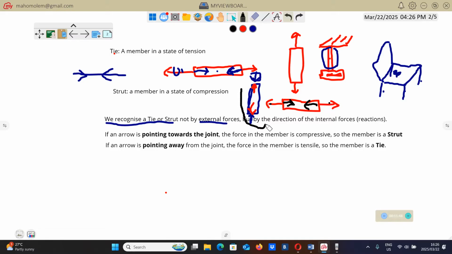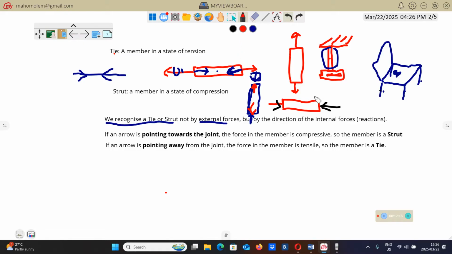So on this one, the external forces must go in, not pull. They must compress, so they must act like this. So this is the strut that we're talking about, a member under compression, which represented the leg of this chair.